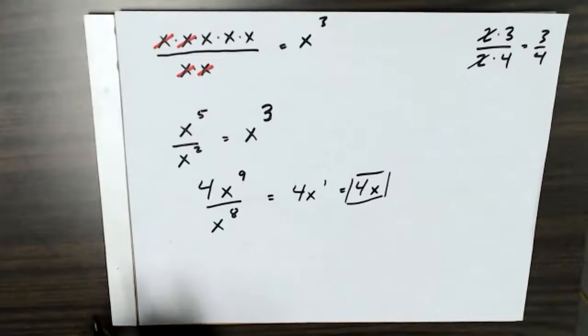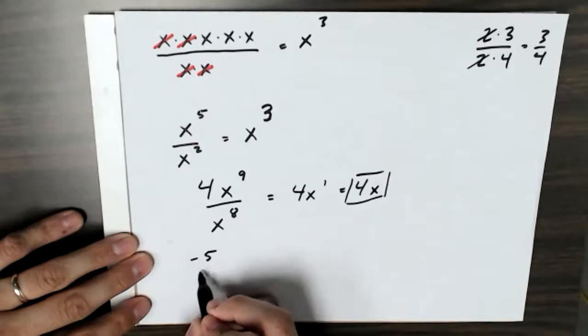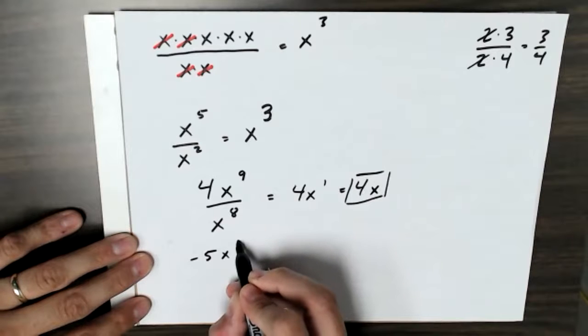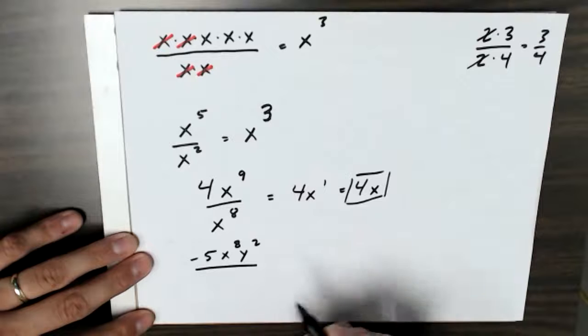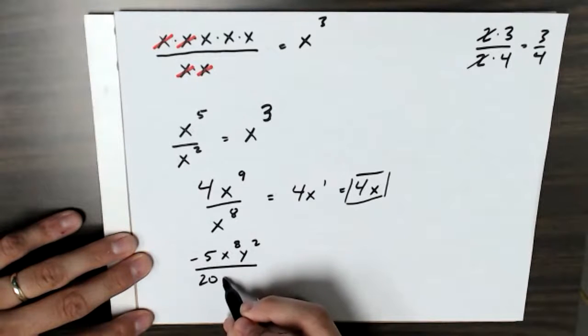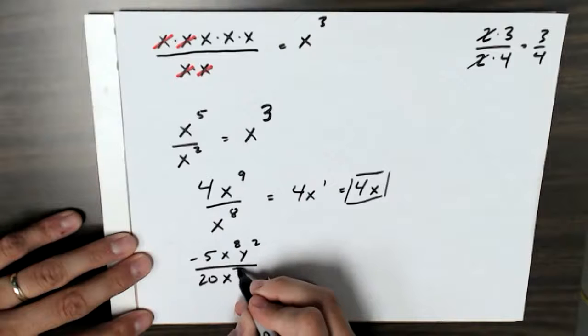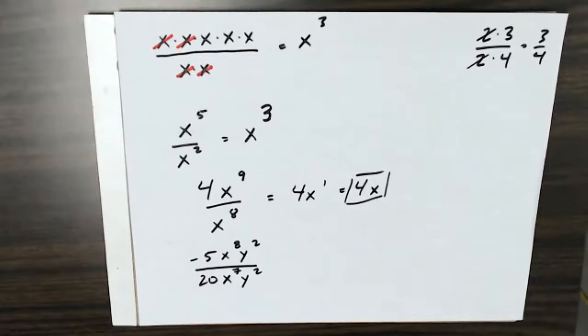Let's throw a little bit of a curveball in there. Let's say we've got -5x to the 8th y squared over, let's say, 20x to the 7th y squared. This really is going to introduce the next rule, but I like introducing it this way.